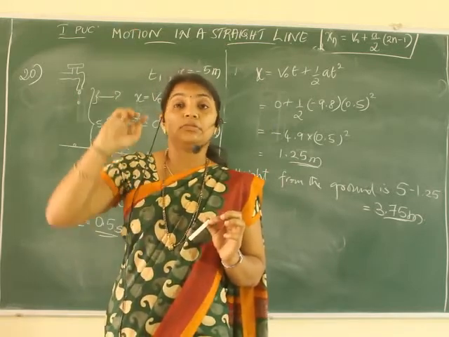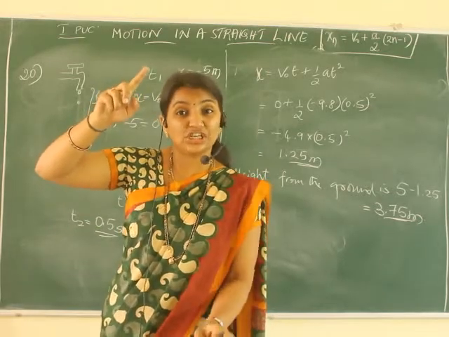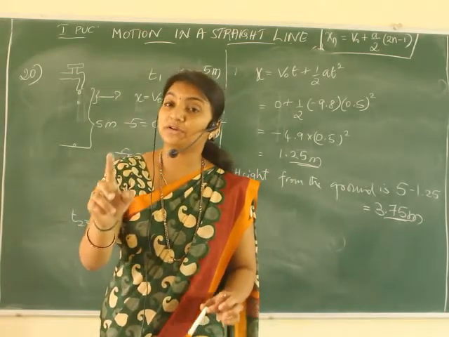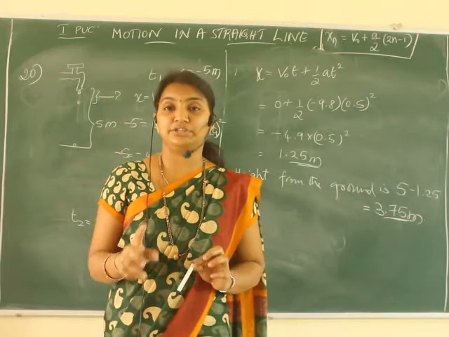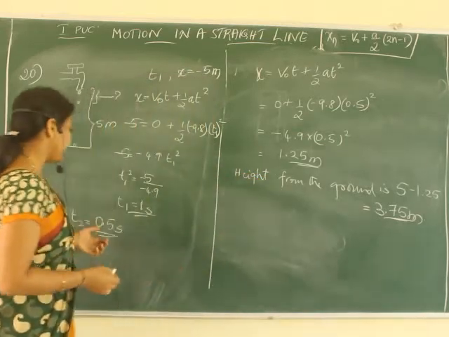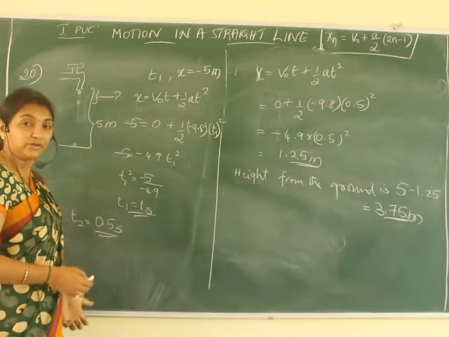But the third drop will start when the first drop has already reached. Since it is regular intervals of time, the second drop should take half the time of the first drop. Therefore I have written half of the first drop, 1/2, that is 0.5.